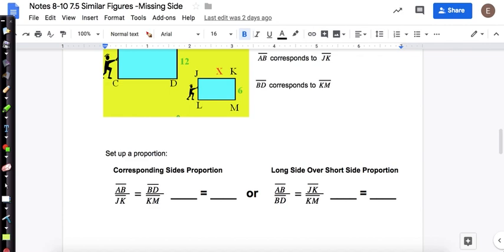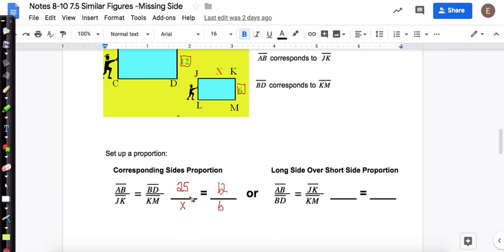AB is 25 and JK is our X, so I'm going to put 25 over X. And then we have BD over KM. BD here is 12 and KM is 6, so we're going to put 12 over 6, just like we did previously.